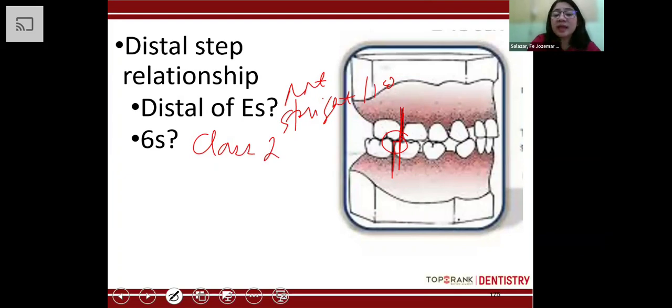Will it become normal with distal step? No, it will never become class 1 even with the occurrence of late mesial drift. It will remain class 2. So we can intervene once we know it is really class 2. So that's the occlusion for the primary dentition.